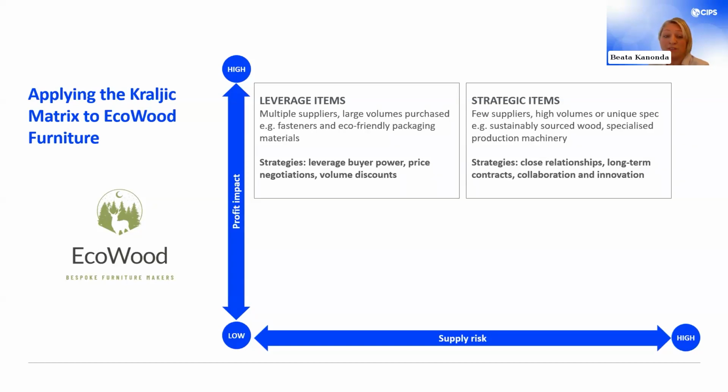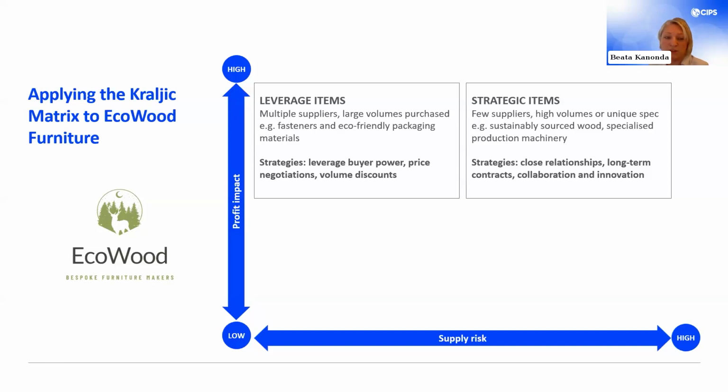For these high profit, high risk items, EcoWood needs to focus on developing strong collaborative long-term relationships with suppliers. Long-term contracts with suppliers of sustainably sourced wood will ensure consistent quality and supply, protecting against price fluctuations or shortages. EcoWood should also be working with suppliers to co-develop more sustainable materials or enhance the durability and quality of the wood used.